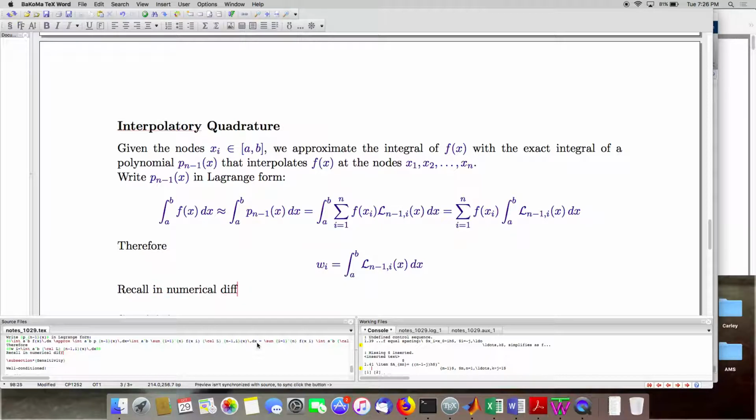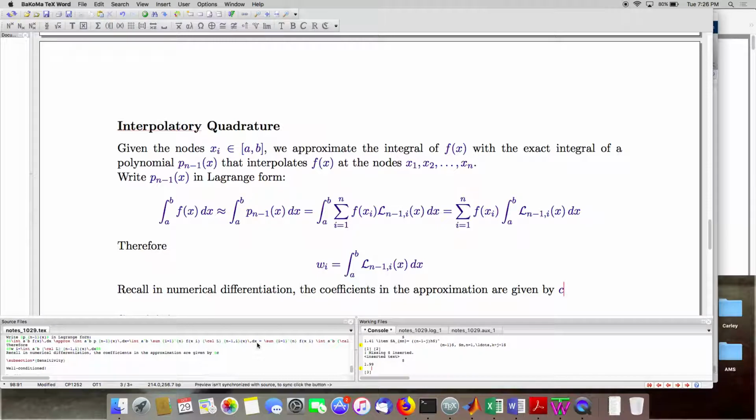So in numerical differentiation, the coefficients in the approximation are given by c_i equal to a Lagrange polynomial of some degree n, prime at x naught.